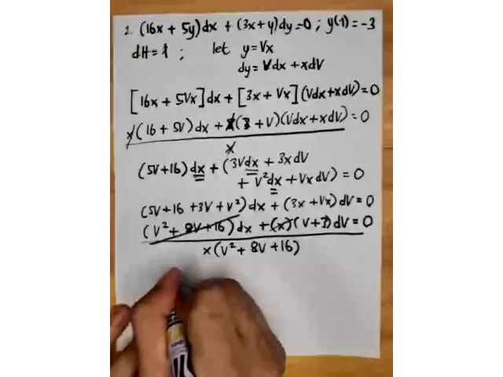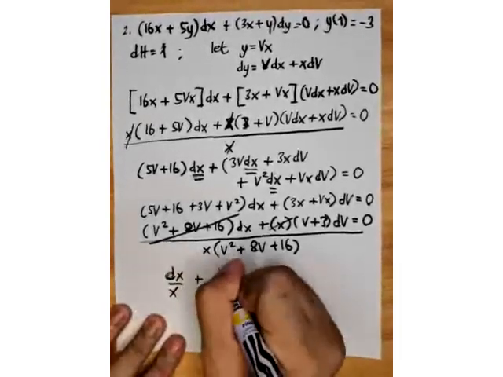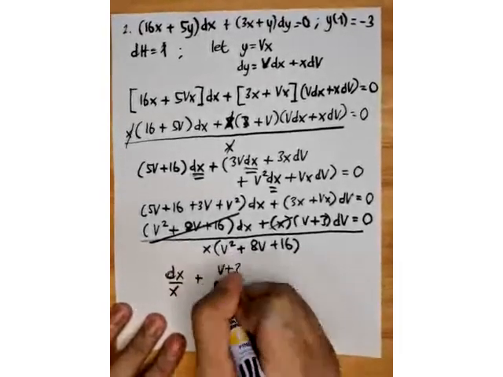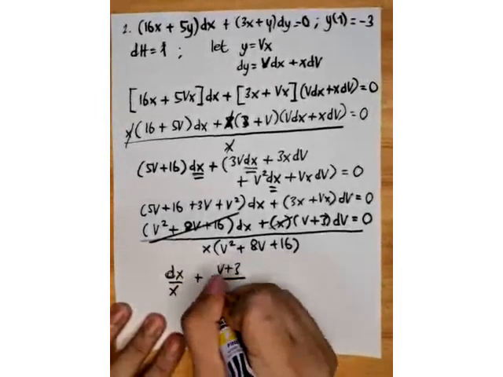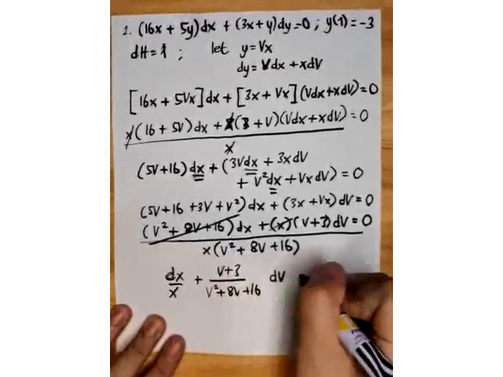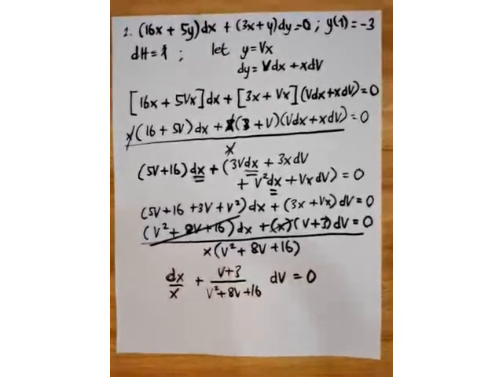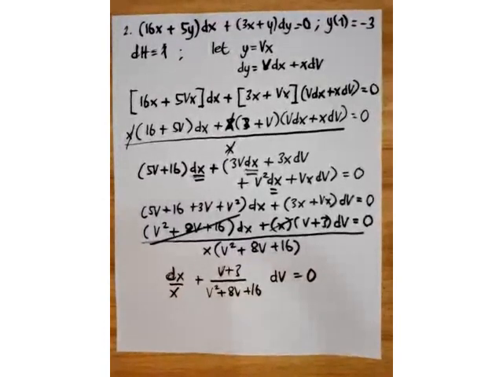So we'll have dx over x plus v plus 3 over v squared plus 8v plus 16 dv is equal to, parang kamukha nung kanina. Tama ba ako?